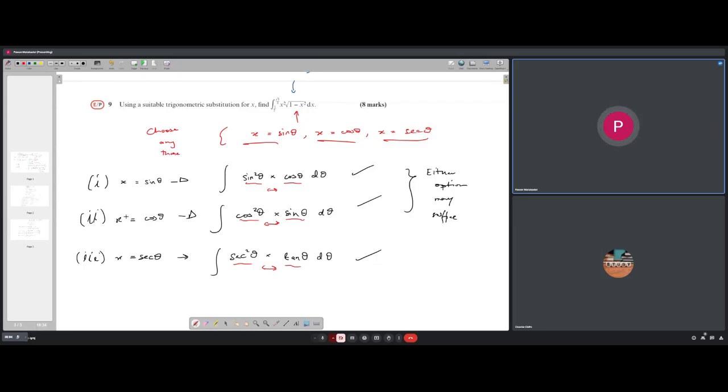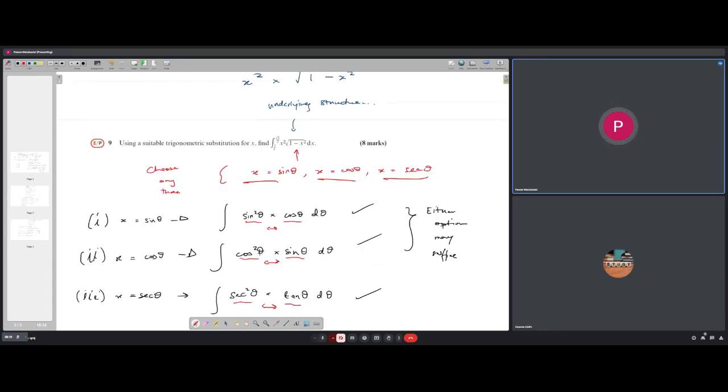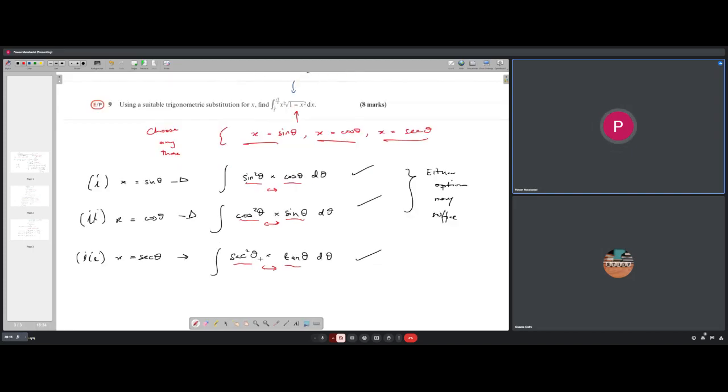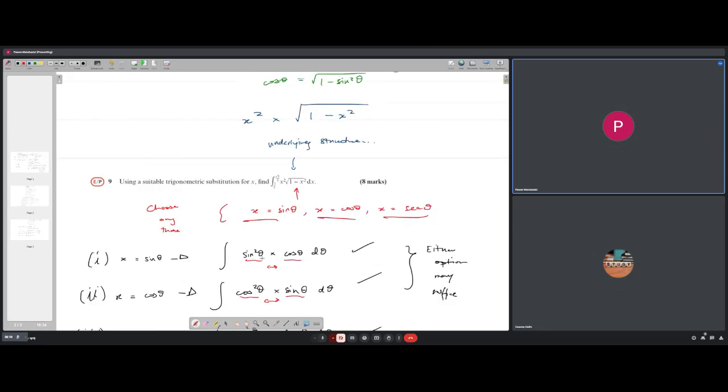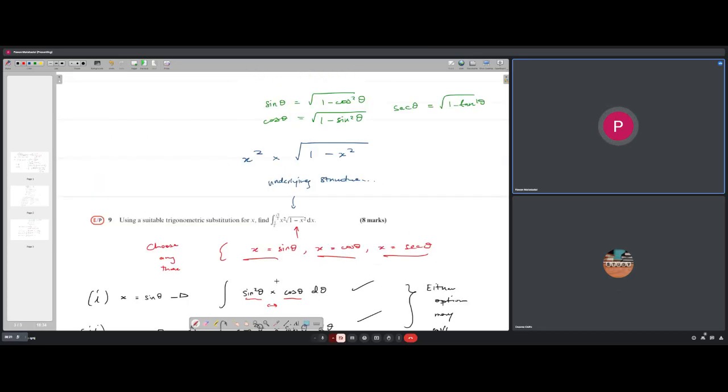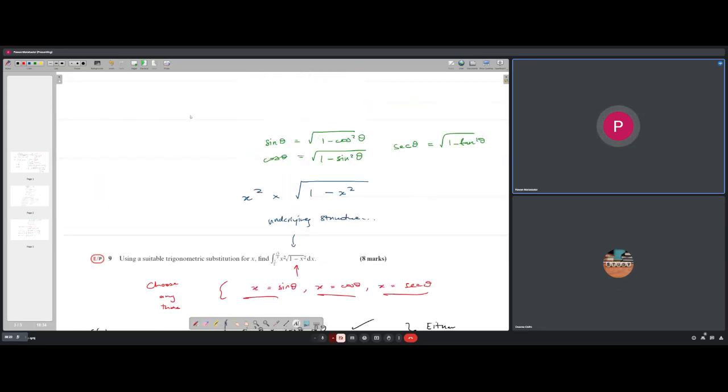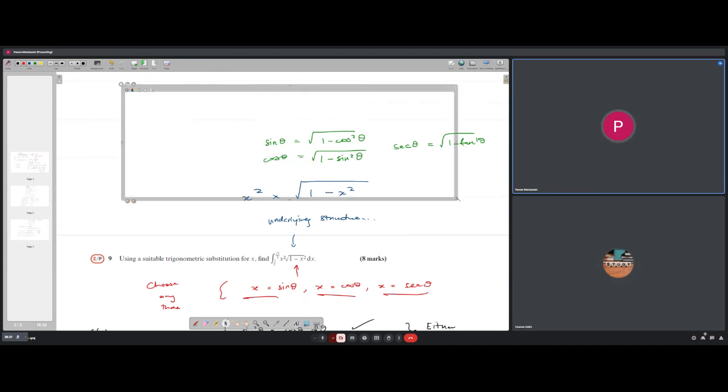By the way, if you were to use, for example, tan or cosec or cot, I think you would have integrals you wouldn't be able to solve, potentially. So you have to think about which. Before I tell you the answer to this question, I want you to realize it is based on the underlying structure of the integral.